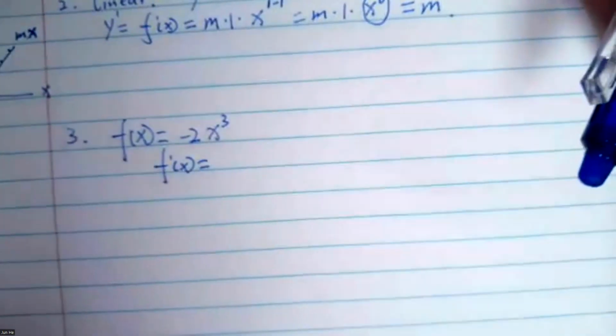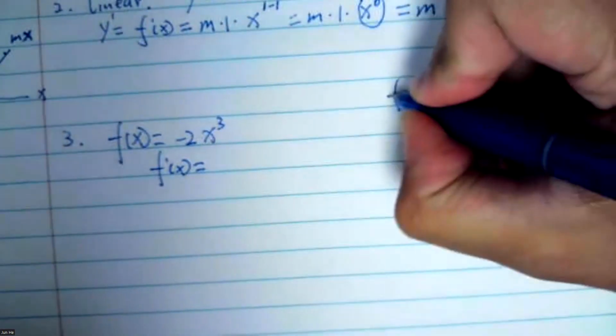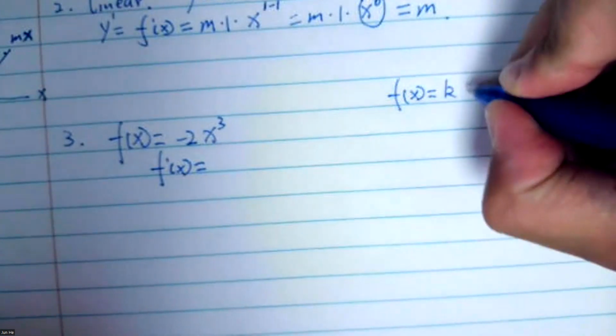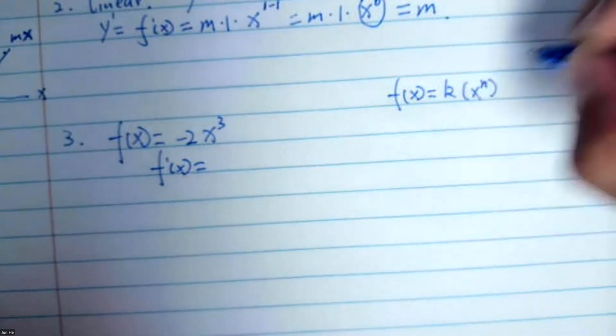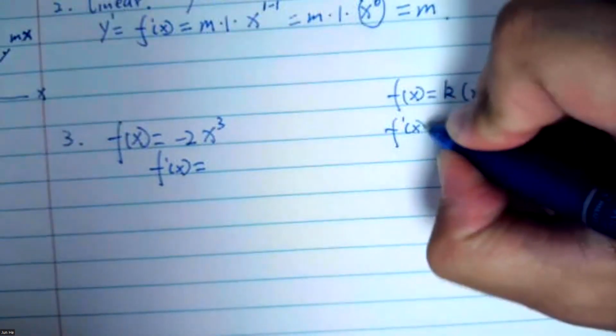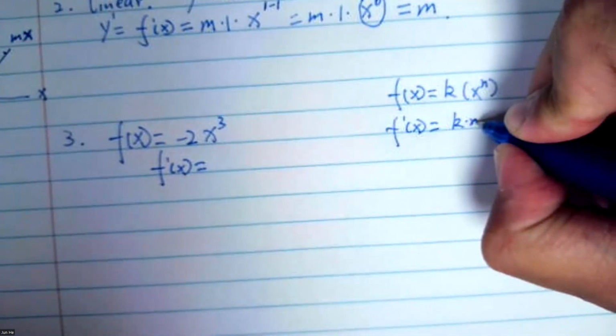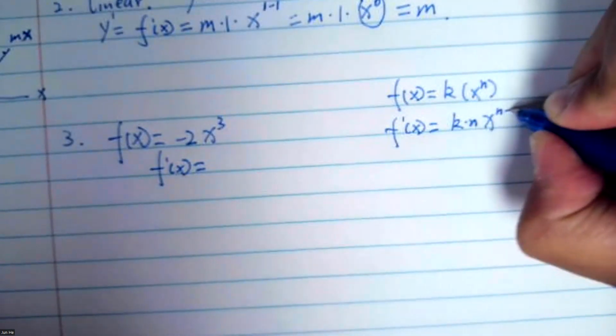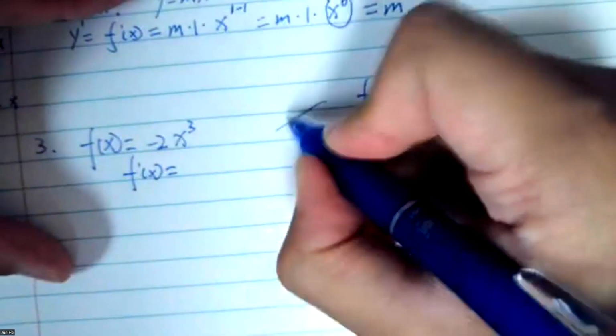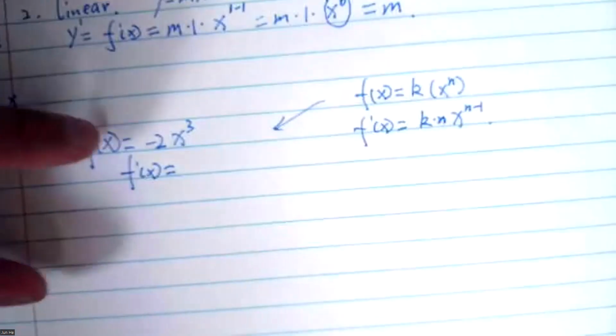So if you ever get confused, what you can do is write down this formula on the side, and then apply it to this actual problem.